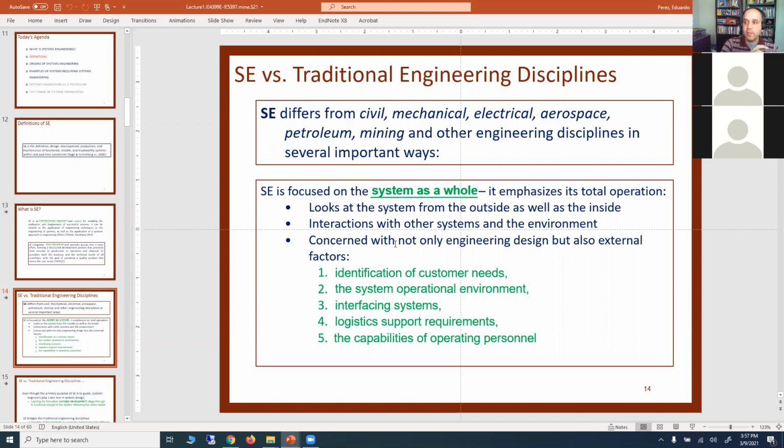It has a societal purpose, so you're trying to make society better, or solve a societal problem, and you are trying to balance these three areas: performance, cost, and schedule, in order to achieve that goal.